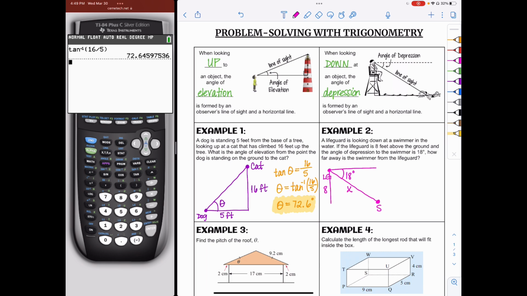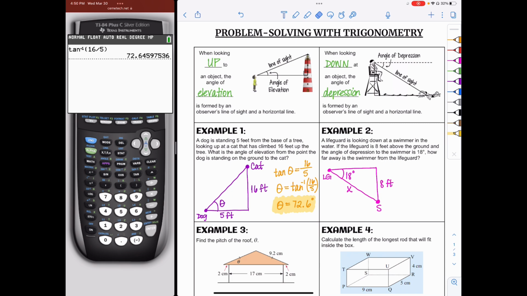All right. So if we look here from what I drew, because it says that the lifeguard is 8 feet above the ground, I can also draw this line here, and I could put that as 8 feet. Anytime they say above the ground, they're talking about vertical distance. That way your picture will look a little prettier.